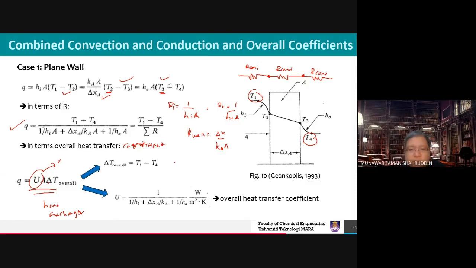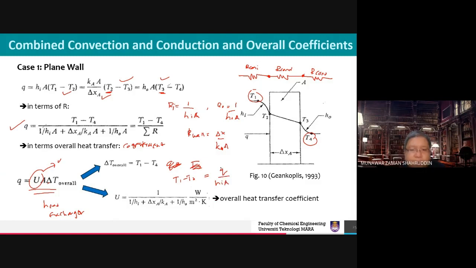So you can use Q equals, sorry, T1 minus T2 equals Q over hiA.